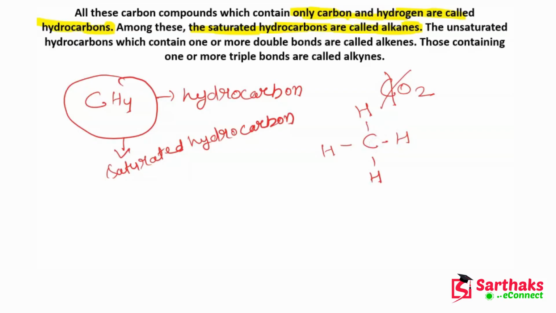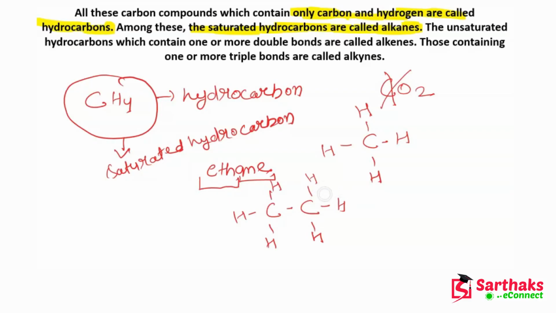Now guys, let's take an example of another alkane, that is ethane. For single bonds we use this ane. Because the prefix here is eth, it means 2 carbons are present and they are connected with only single bonds. Now, if I satisfy the remaining valencies, this is the structure of ethane.